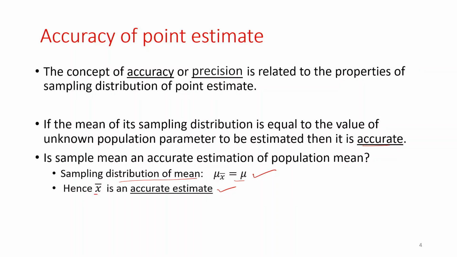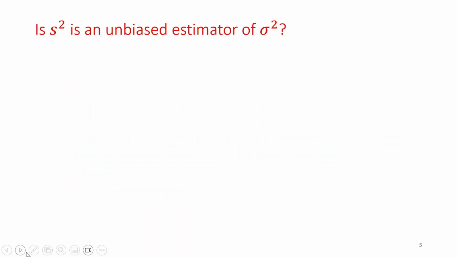We'll get a frequency distribution, and if we plot it, it will give a beautiful distribution, and this distribution is always normal in nature, and the mean of the sample means is equal to the population mean, and therefore x bar is an accurate estimate of population mean. Similarly, s squared is an unbiased estimate of sigma squared, that is population variance.